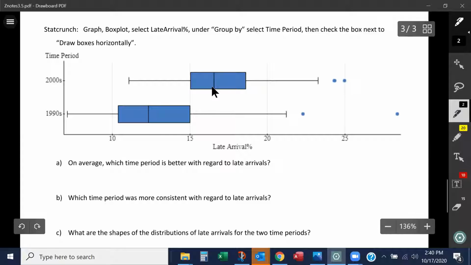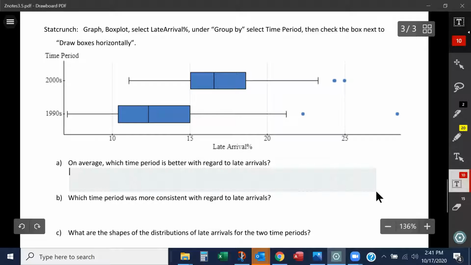And then when I look at the 2000s, this looks like it's about 17%. So 17%, almost 5% worse, because more late is worse, all right? So we would say that the 90s were better in terms of late arrivals on average.